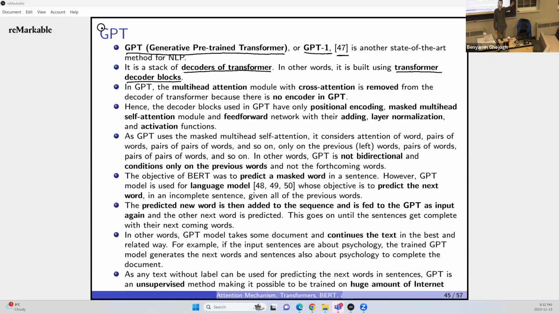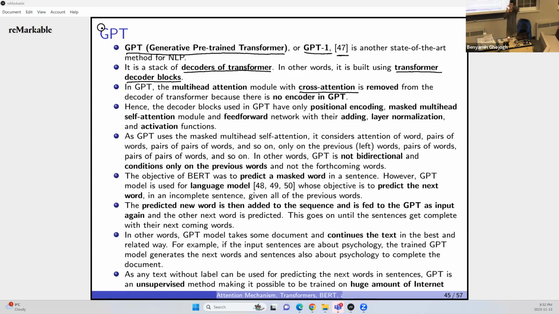Now in GPT, we have removed the encoder of the transformer. We don't have an encoder. How can we work with the multi-head cross-attention? Multi-head cross-attention needs to calculate cross-attention between the sequences of the decoder and the encoder, but there is no encoder now. As a result, they completely removed the cross-attention module.